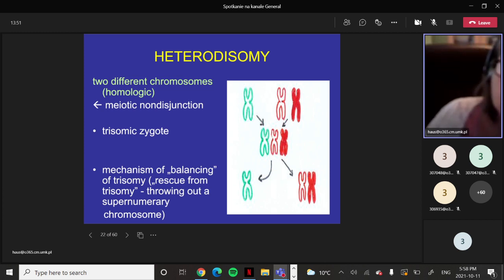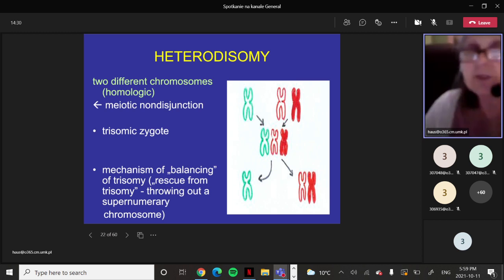One of these green chromosomes X is expelled, and the zygote has only two chromosomes, X and Y, inherited from this red parent, because he has one chromosome X and one chromosome Y. He is the father of this zygote, this organism.